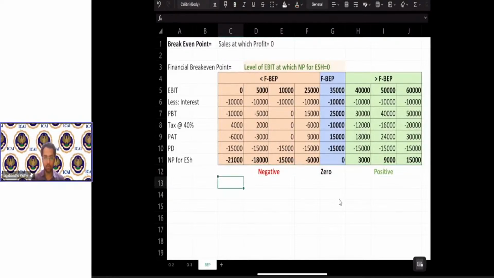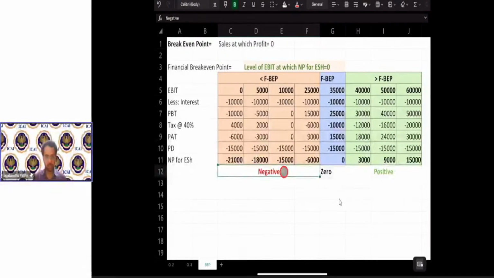So if your EBIT is exceeding the financial break-even point, then you are actually into a positive net profit for equity shareholders. If it is less, then you're into a negative net profit for equity shareholders. That's a simple conclusion that we can make.